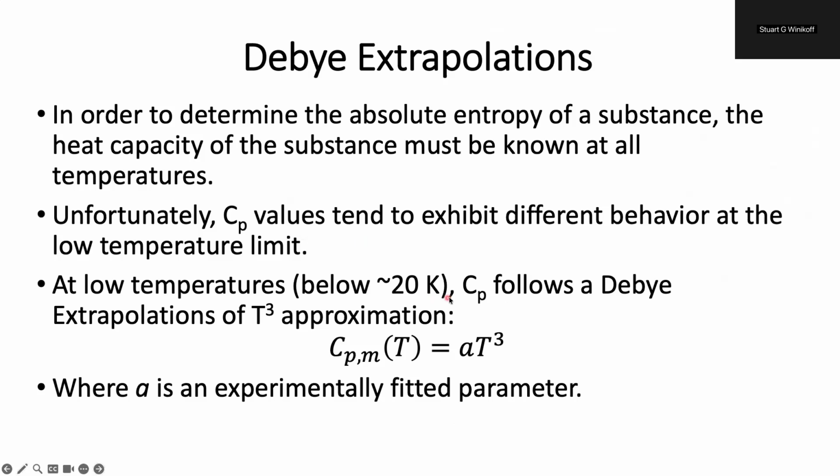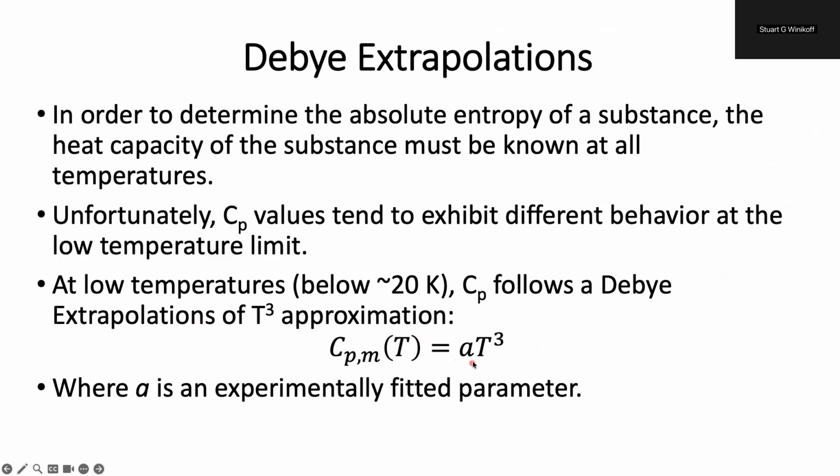And it turns out under these low regimes, the heat capacity follows something called the Debye extrapolation, more or less that it follows a cubic law as a function of temperature. So as the temperature doubles, that means that the heat capacity would go up eightfold. Now, mind you, it only does this for a very narrow regime, but that also means that the heat capacity changes very greatly over these 20 degrees.